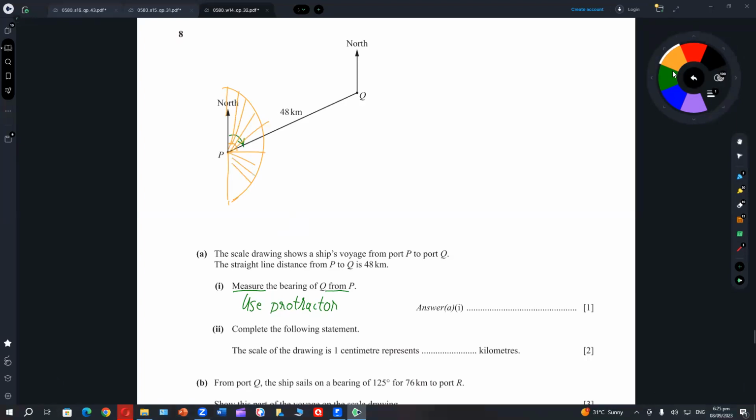Sir, you always go clockwise, right? The bearing is always clockwise. Now make it like that and look at the question. You have to put the protractor like this. Roughly draw it so that later you remember how to put the protractor.